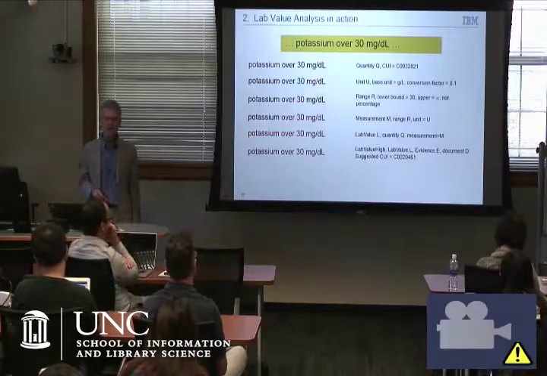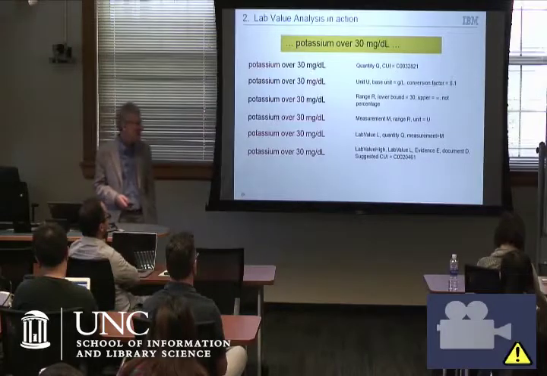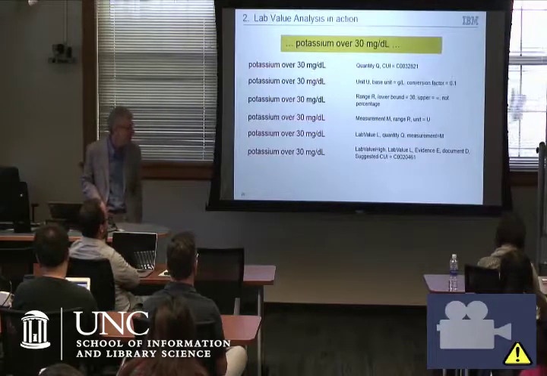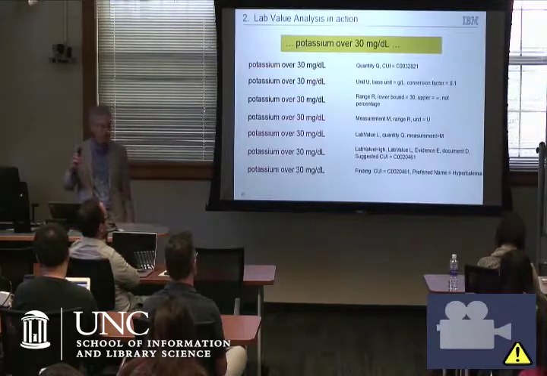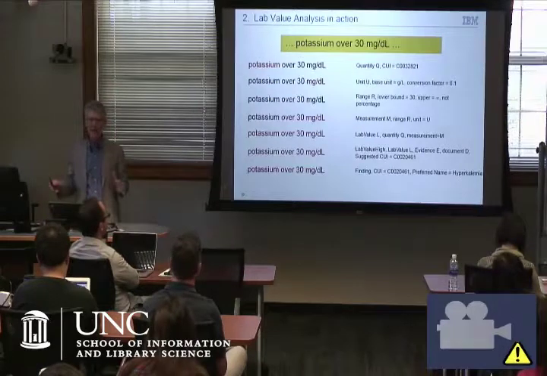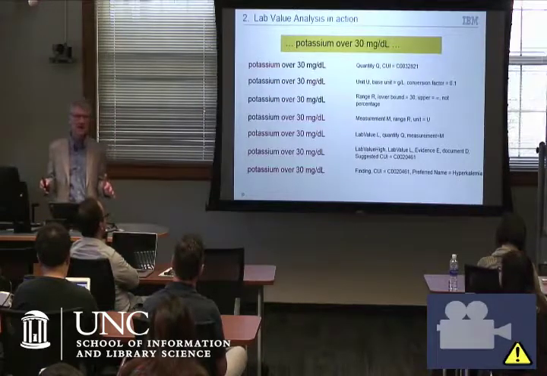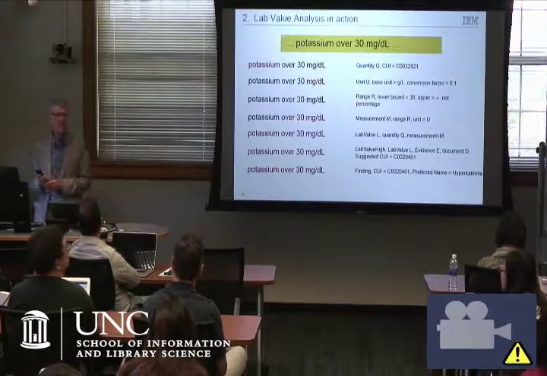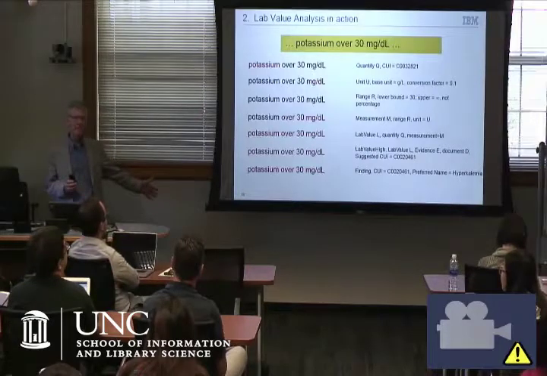It's above the range. So now we know it's high, and the CUI that corresponds to high potassium in the blood is that. And so we make exactly the same annotation in the text as if it had said hyperkalemia. So now a downstream component doesn't need to worry about the lab value.